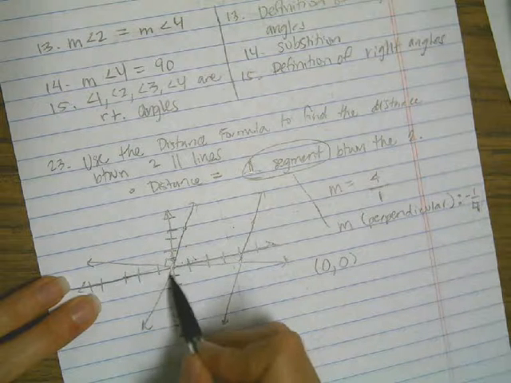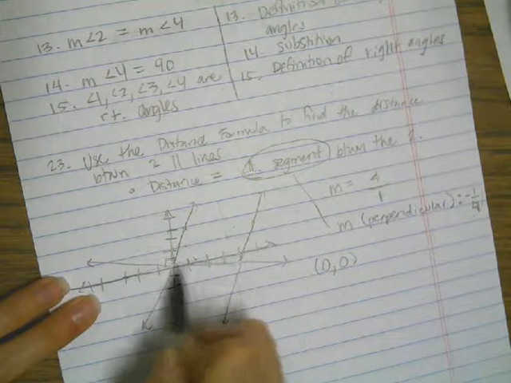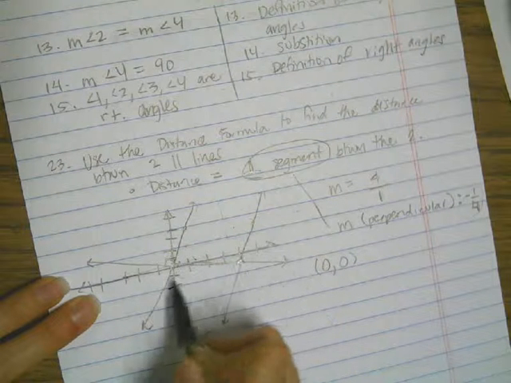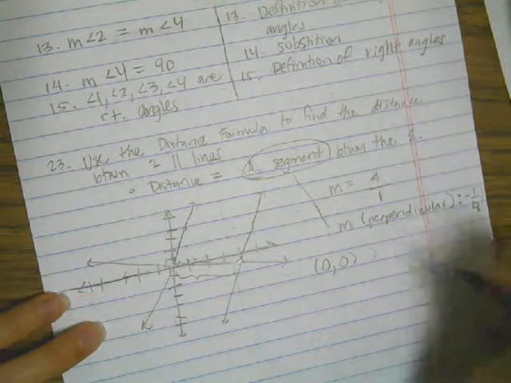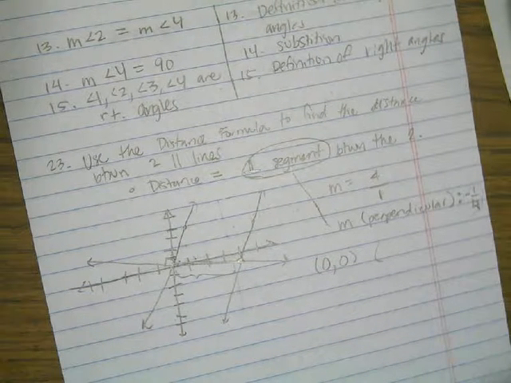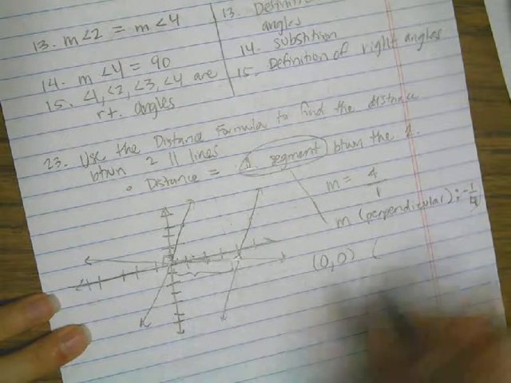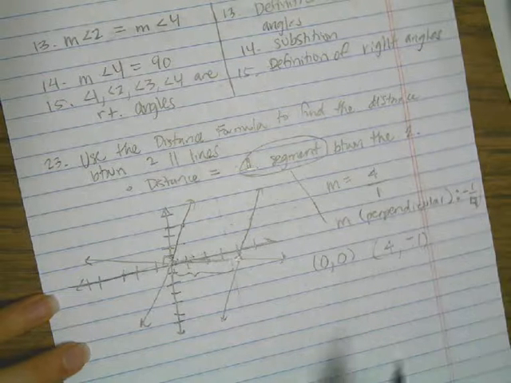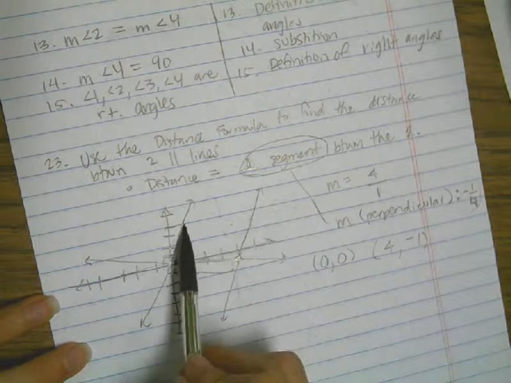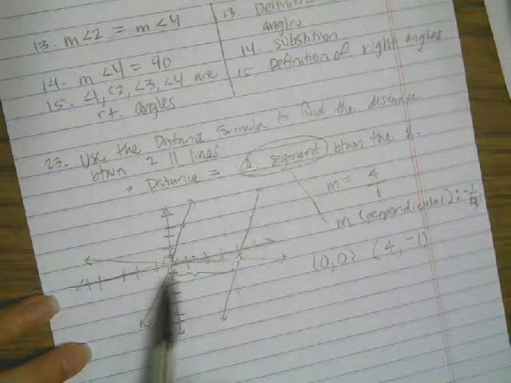So I said down 1 over 4. The distance in between here and here is going to be our distance between the two lines. So I write down 0, 0, and the other point is 4, -1. I could have used this point up here too if I wanted to, but it's easier to use this point because 0, 0 is easier to use in the distance formula.